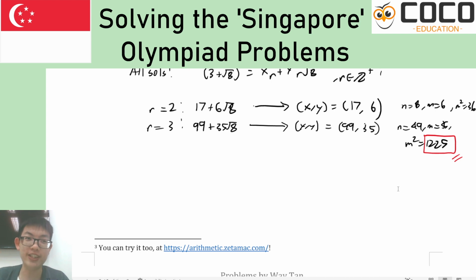Anything beyond this is quite ridiculous, because the next one is going to be very huge, right? If you just square 17 plus 6 root 8, yeah, you're going to get something which is fairly huge.